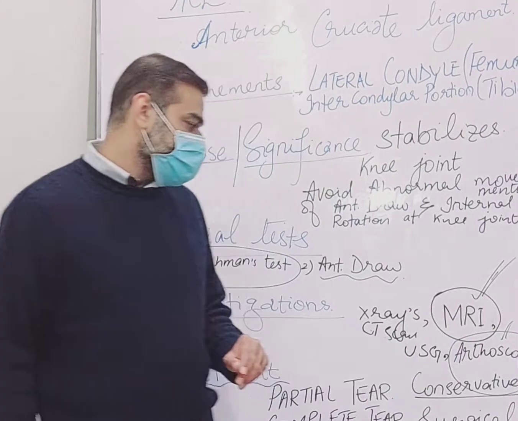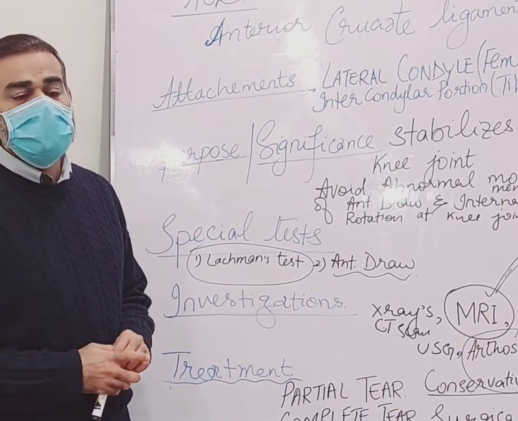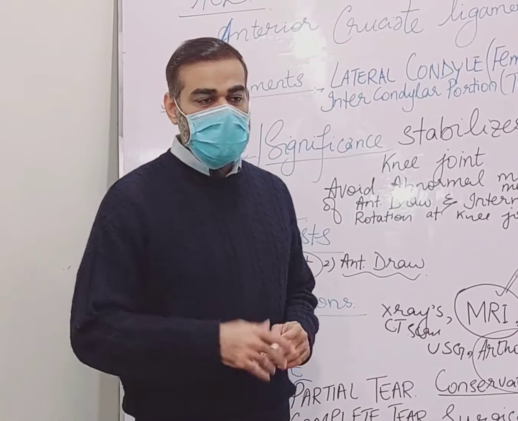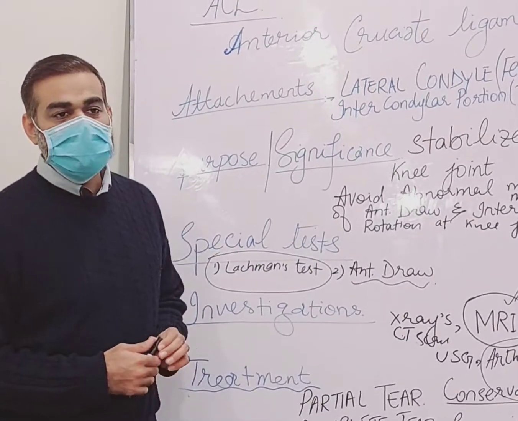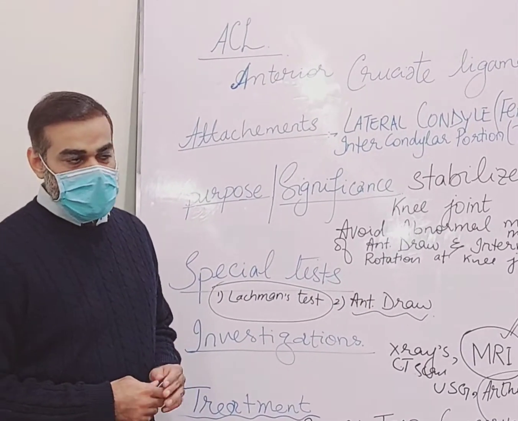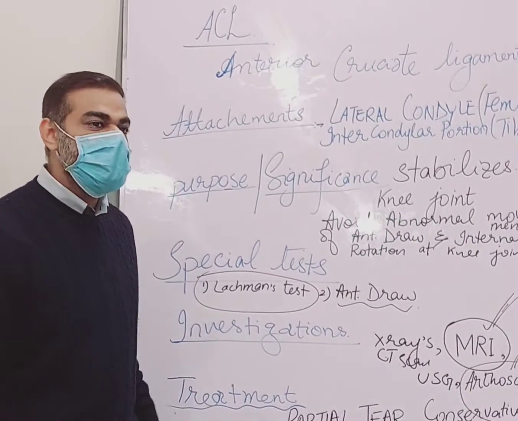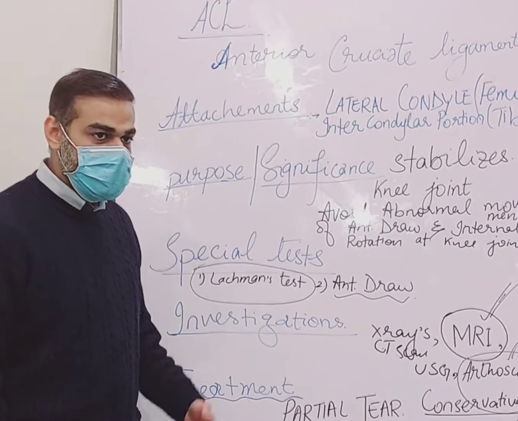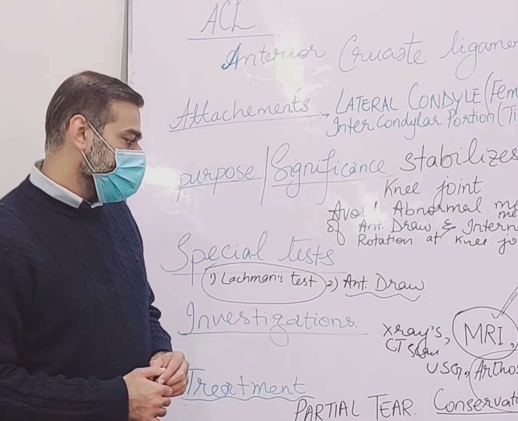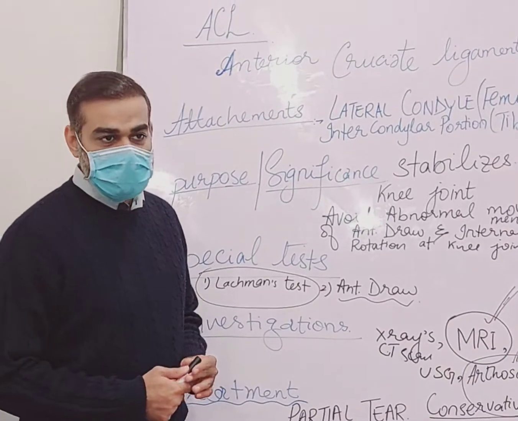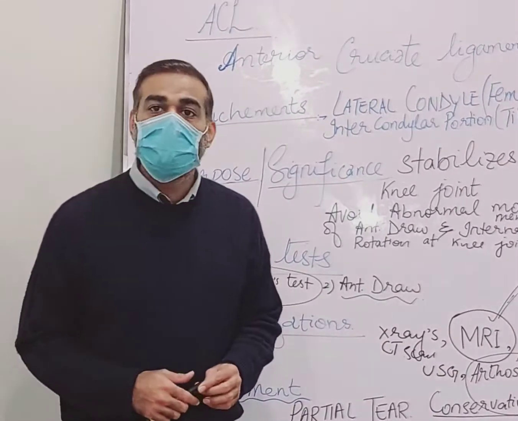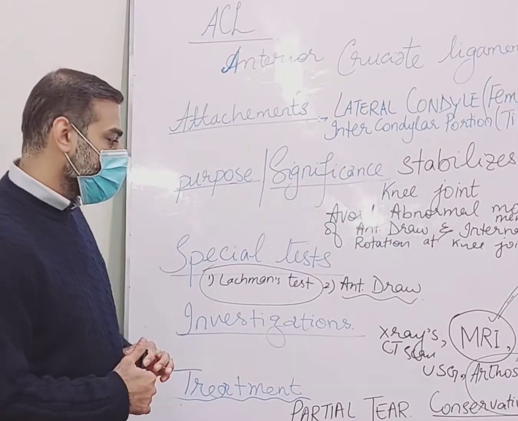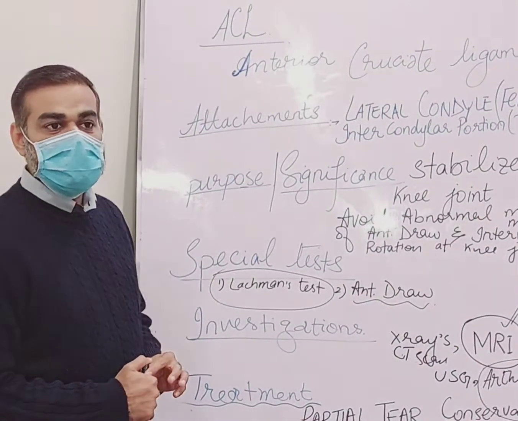Conservative means that for the first 2 to 3, up to 4 weeks, we will completely immobilize the knee joint with the help of above-knee casting. Secondly, we can also apply knee mobilizers for 3 to 4 weeks, and then follow it with physical therapy.